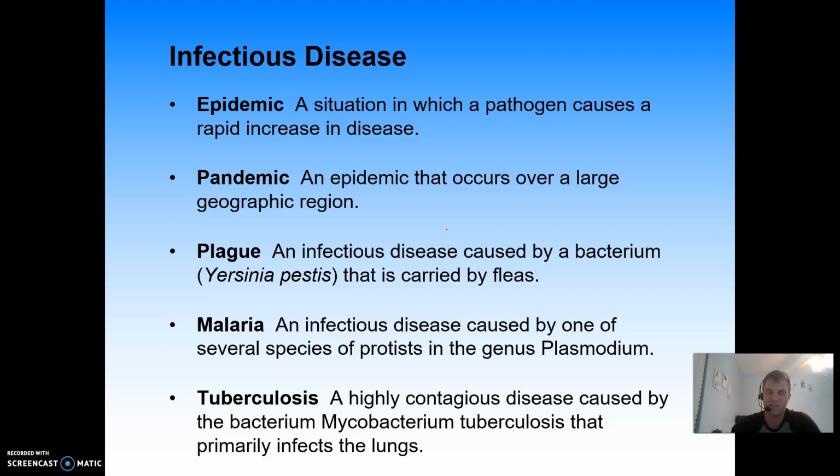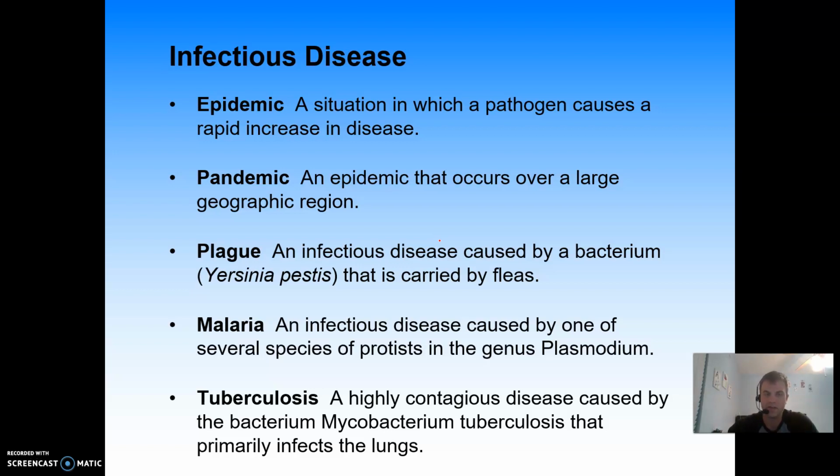So infectious diseases can be labeled as different things. So here's what they mean. An epidemic is a situation where a pathogen causes an increase in a disease. There may be a disease already there, it may be something brand new, but an epidemic is going to be a pathogen that has a rapid increase in the disease.